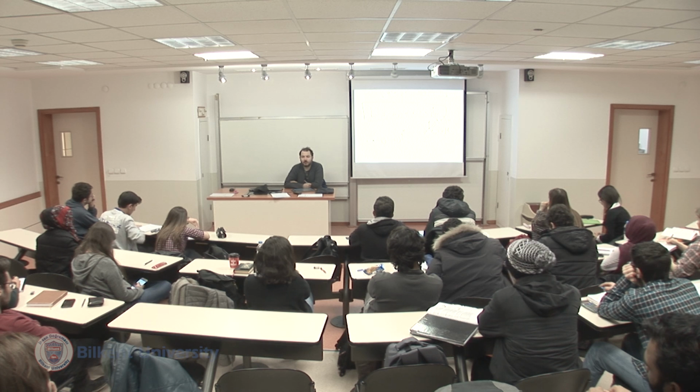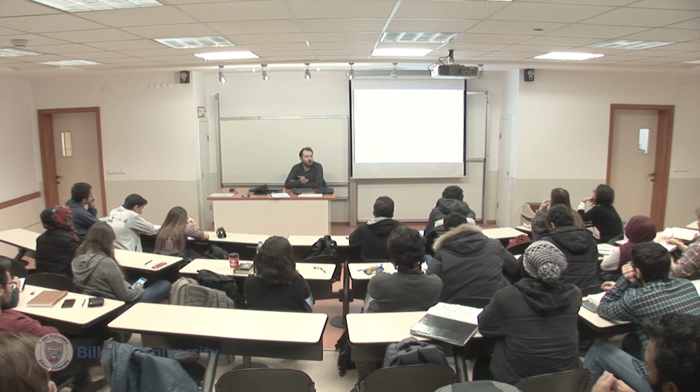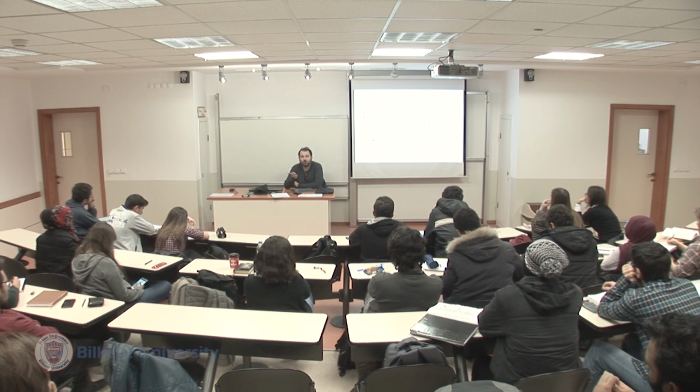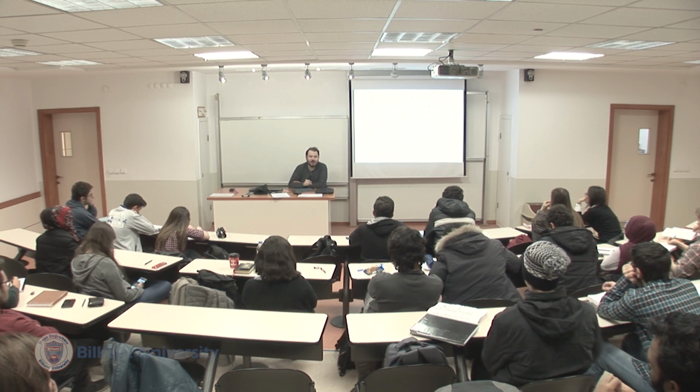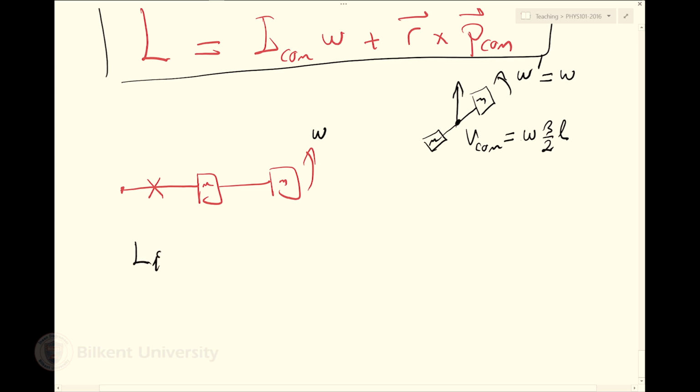If my definition of angular momentum is correct, angular momentum should also be conserved in this problem. Once the rope is snapped, there are no external torques on the system too. So what is my initial angular momentum?